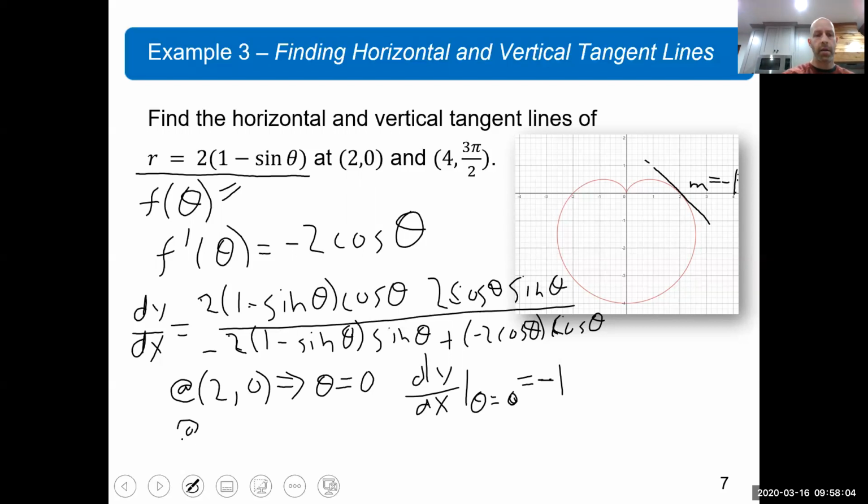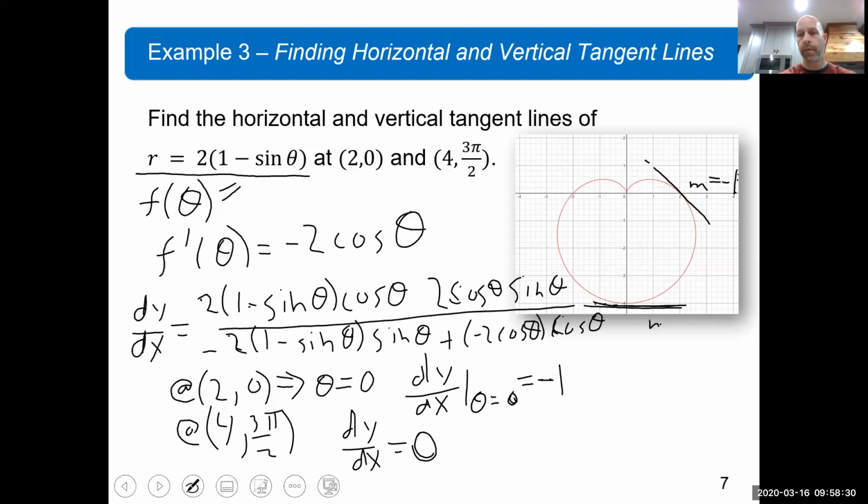And at the point 4, 3 pi over 2, clearly theta is 3 pi over 2. dy dx there turns out to be 0, which means that down here at 4, 3 pi over 2, this slope here is m equals 0.